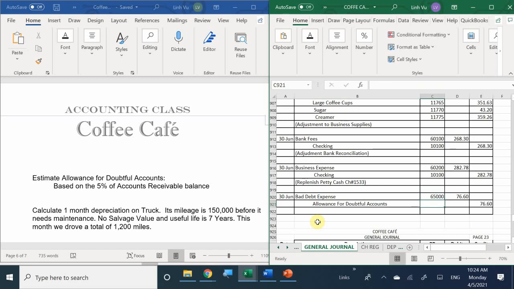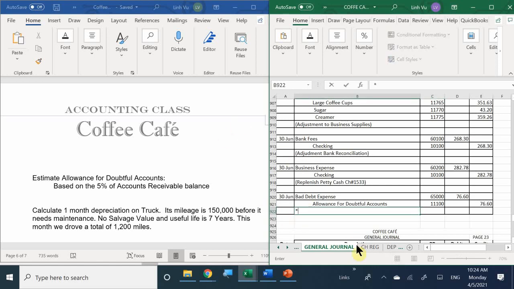And then what's my allowance for doubtful accounts? Right? And then here we're just going to make a little adjustment.